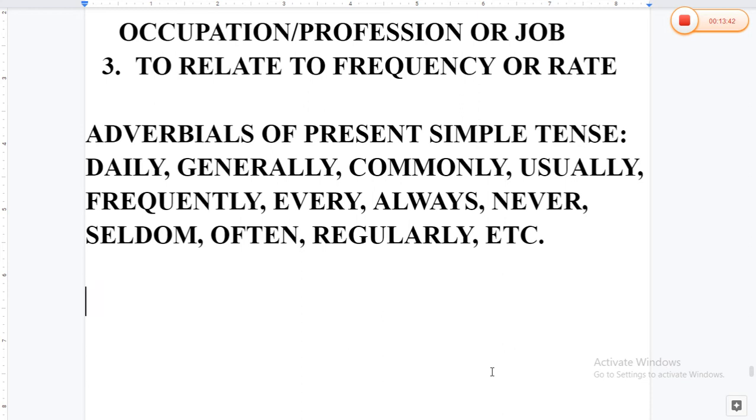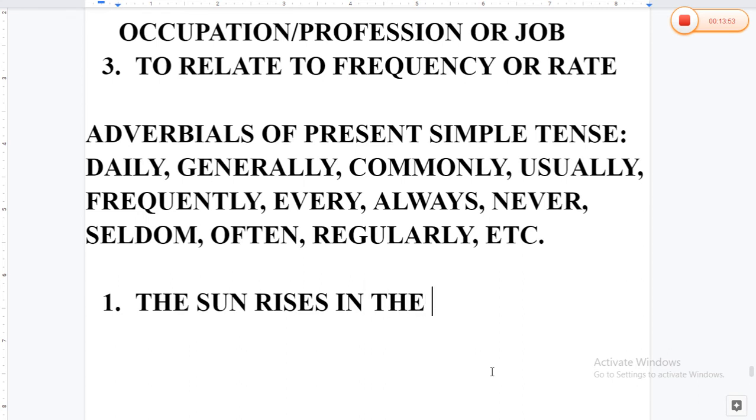First we will see examples of universal truth. The sun rises in the east and sets in the west.